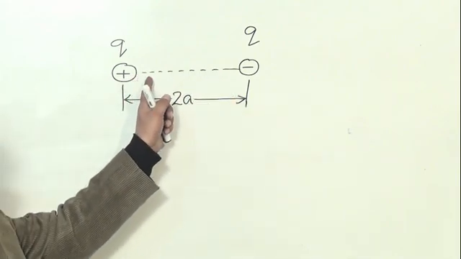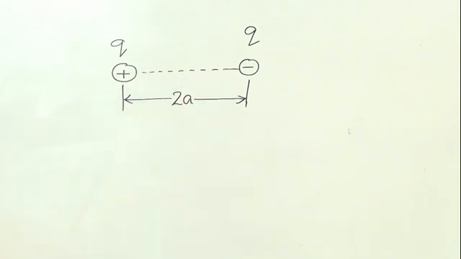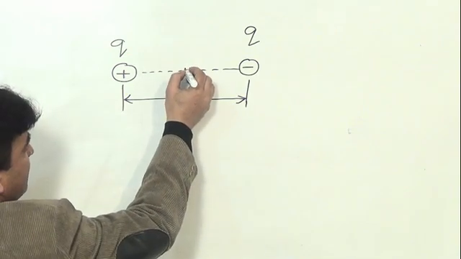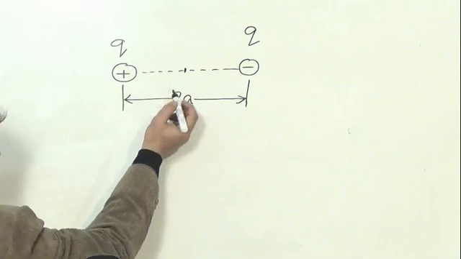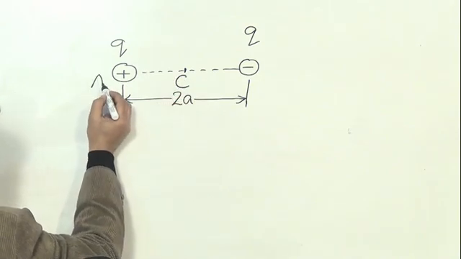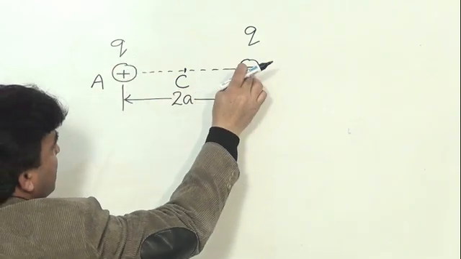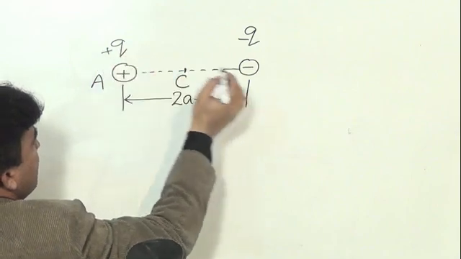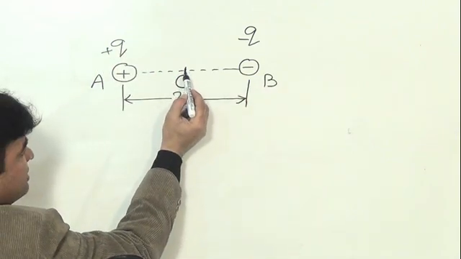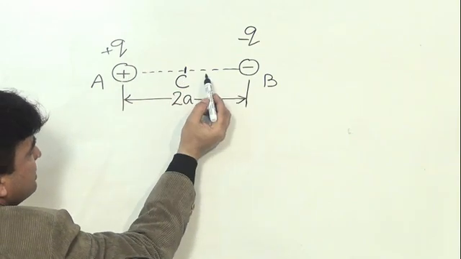This dotted line which I have drawn here is the line joining the centers of the two charges. Let us suppose that this is the center of this line. Call this point C. Let us suppose that positive charge Q is placed at A and negative charge Q is placed at B. Then from C, the center of the two charges, to B the distance is a.